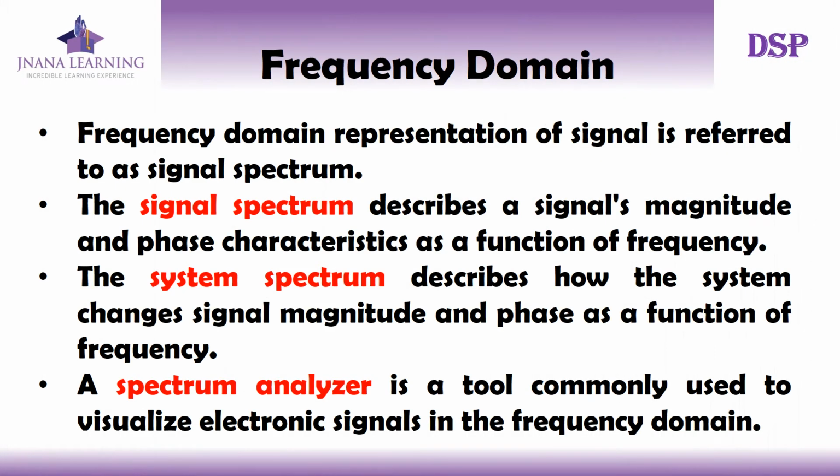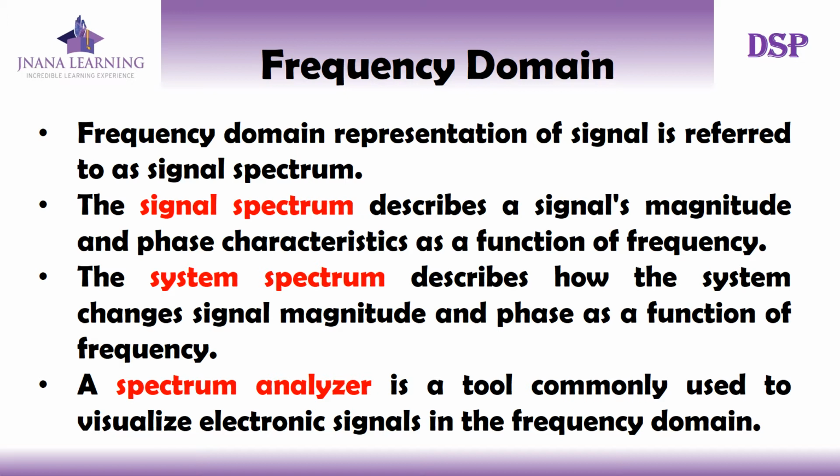Here our main point is frequency domain. The frequency domain representation of a signal is referred to as a signal spectrum. We have two terms: signal spectrum and system spectrum. The signal spectrum describes a signal's magnitude and phase characteristics as a function of frequency.